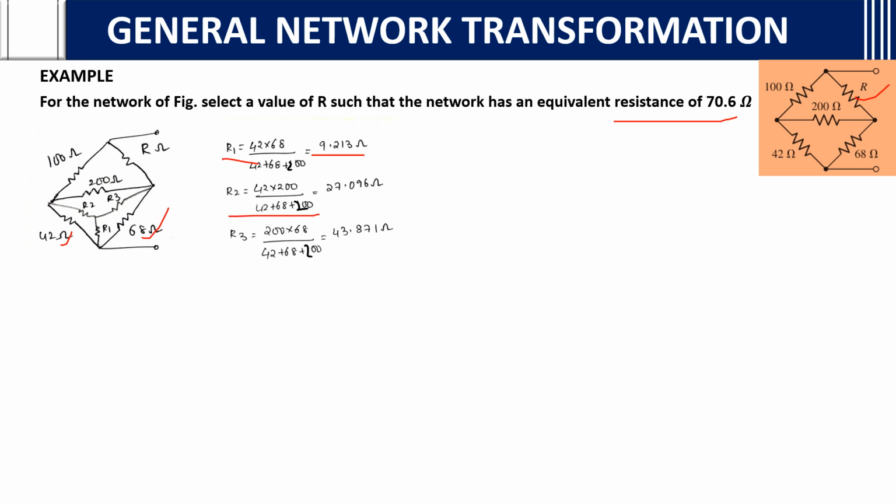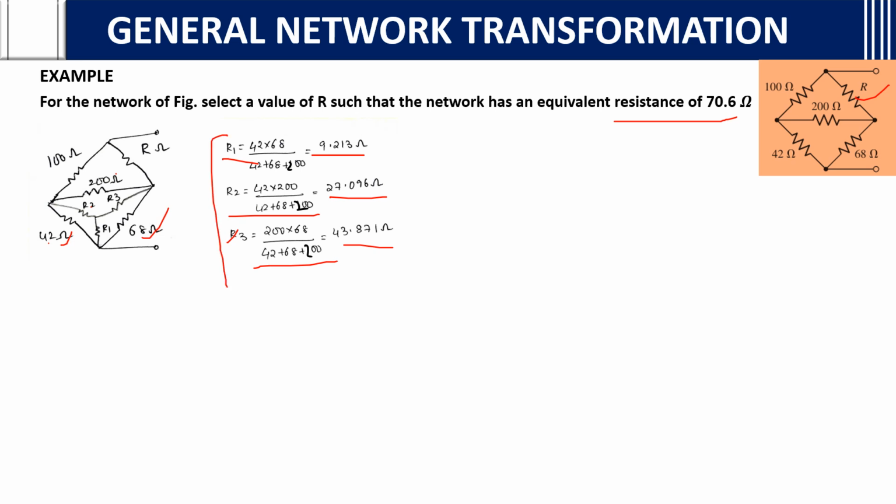Then R2 is 42 into 200 by 42 plus 68 plus 200, which is 27.096. Then R3, the adjacent resistances are 200 and 68, so 200 into 68 by 42 plus 68 plus 200. You will get 43.871. And we have R1, R2, R3.